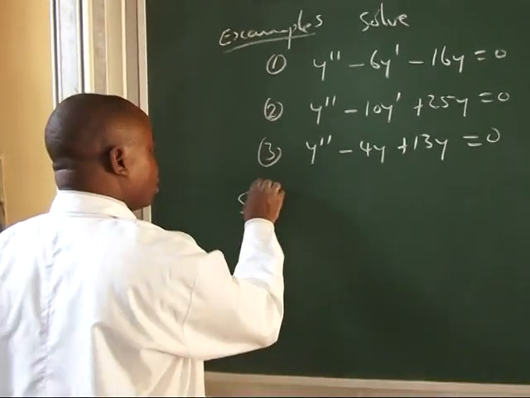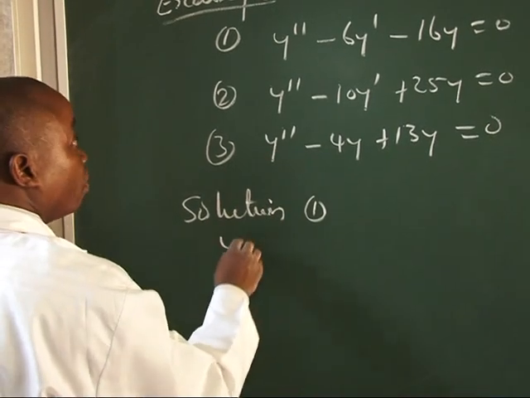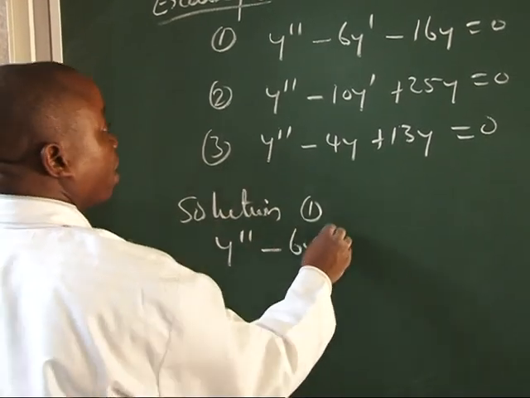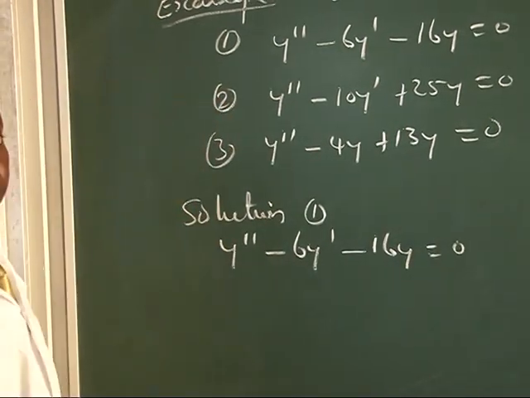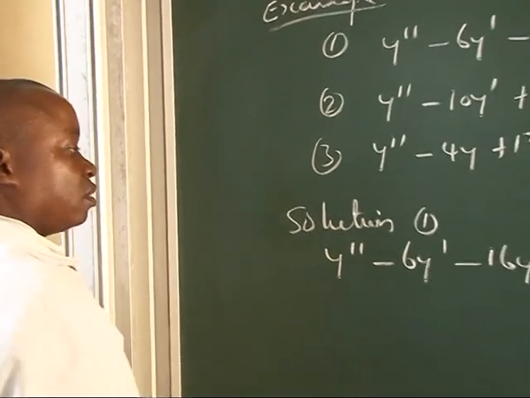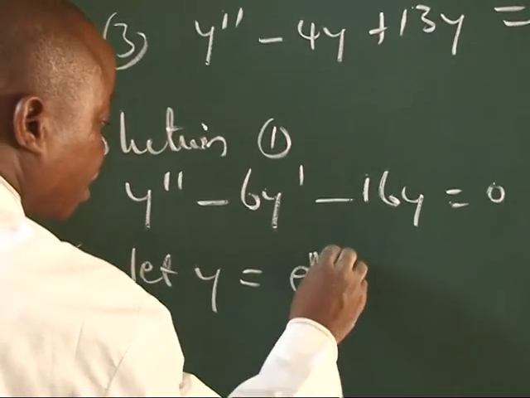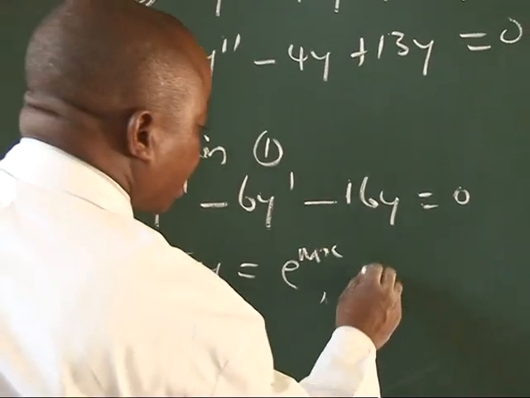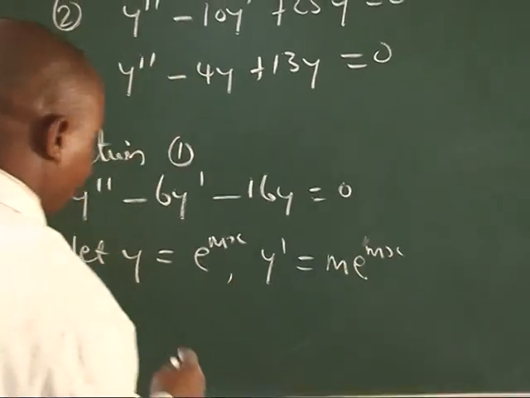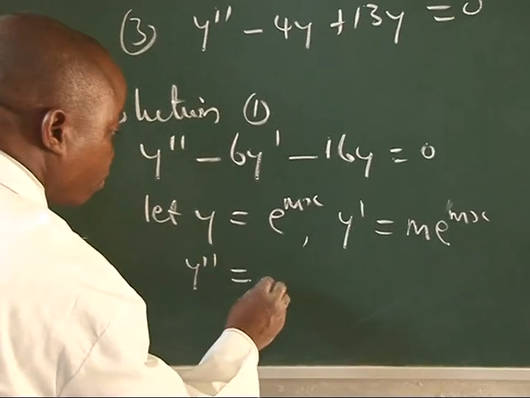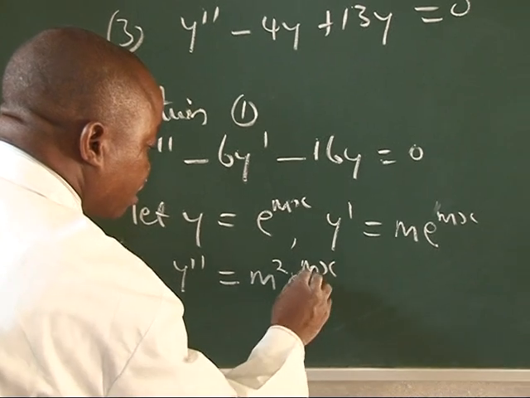Now, solution of 1. We have y prime prime minus 6y prime minus 16y is equal to 0. Now, let y is equal to exponential mx. We know that y prime will be m exponential mx, and y prime prime will be m squared exponential mx.